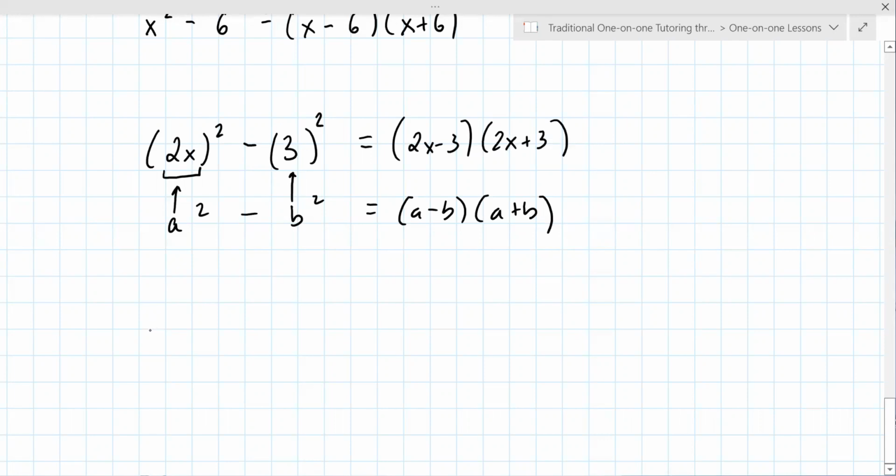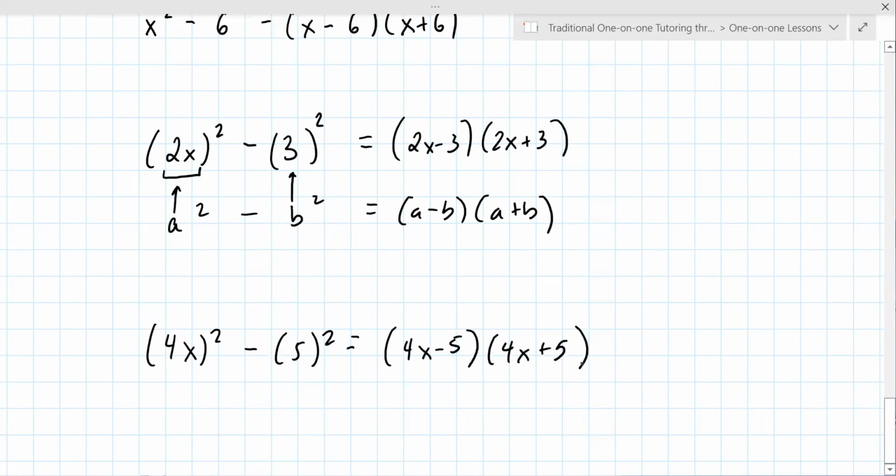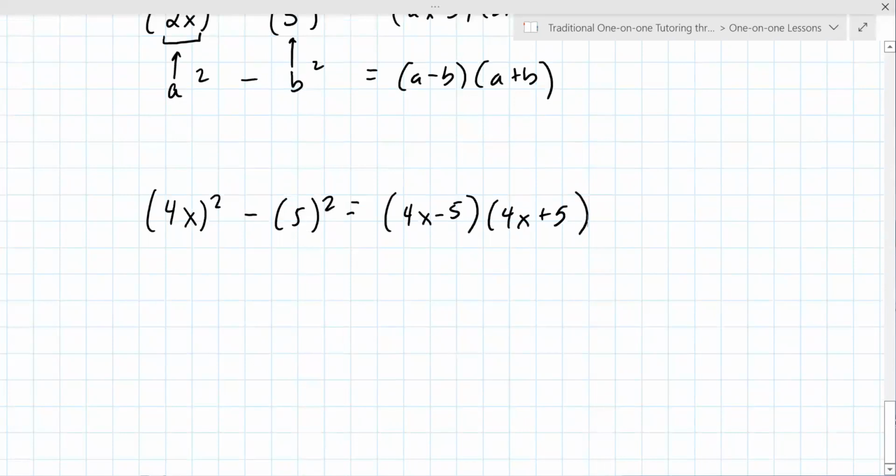Okay, let's look at another example. Let's say it's 4x squared minus 5 squared. This would be 4x minus 5, 4x plus 5. Because the thing in parentheses is the A, the other thing in parentheses is the B, and you just write A minus B, A plus B. So let me have you try one here.